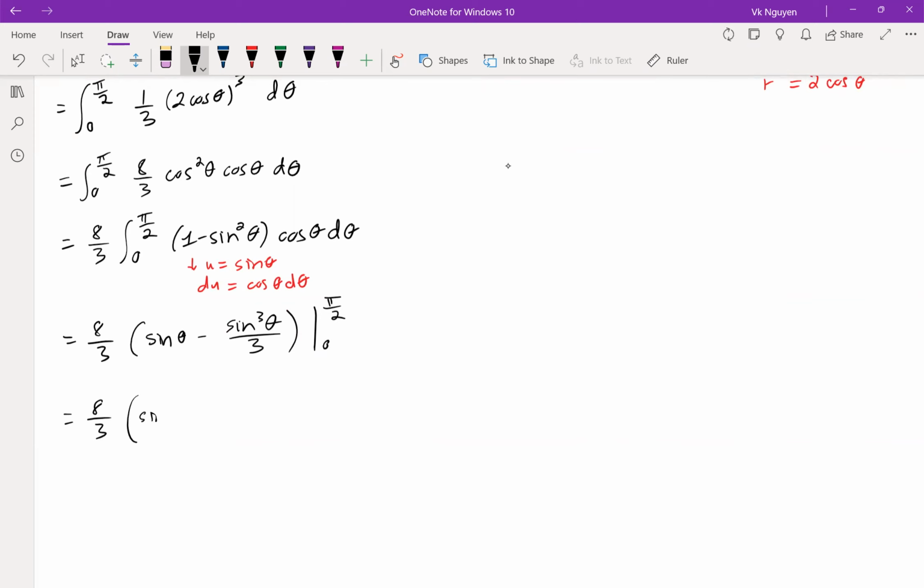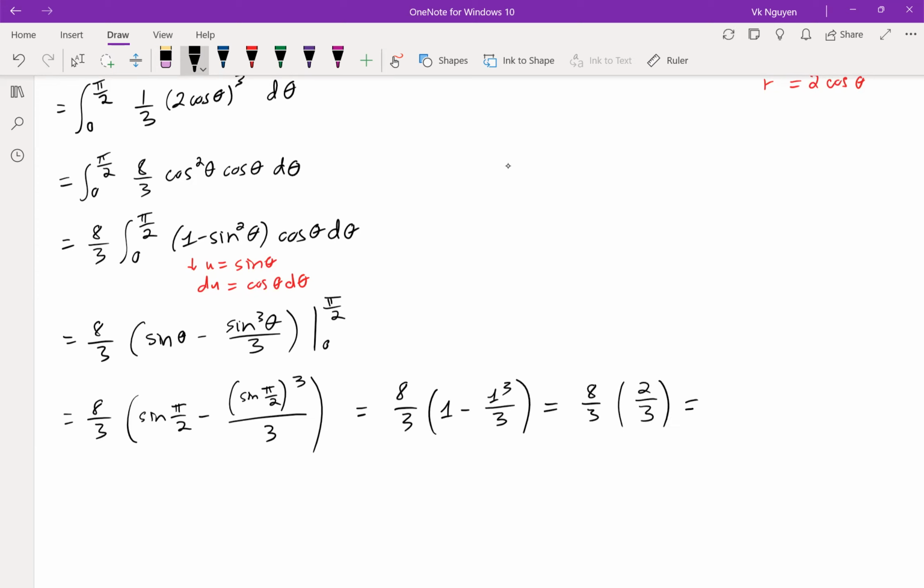Sine pi over 2 is 1, so we have 1 minus 1 to the power 3 over 3. So it's going to be 8 over 3 times 2 over 3, which is 16 over 9. Yeah, and that is it.